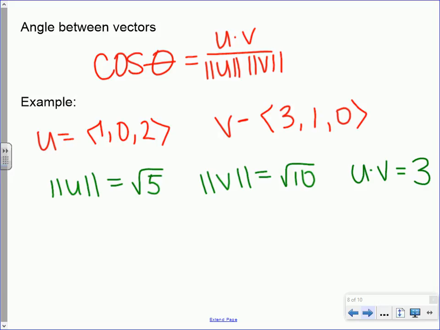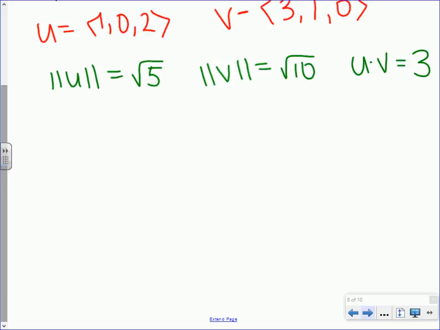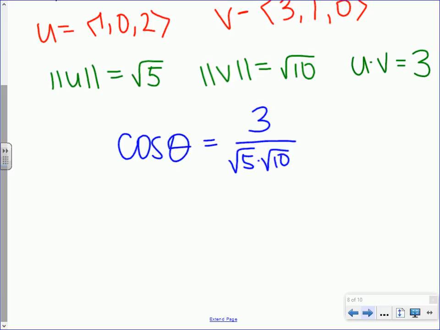Okay. So if we want the angle in between the two vectors, we're going to say the cosine of theta equals 3 over radical 5 times radical 10. Please be careful when you're using your calculator. When you punch in inverse cosine of 3 divided by radical 5 radical 10, there is a product in your denominator, which means you need to either take the product before you type it in, or you need to put it in parentheses, okay?